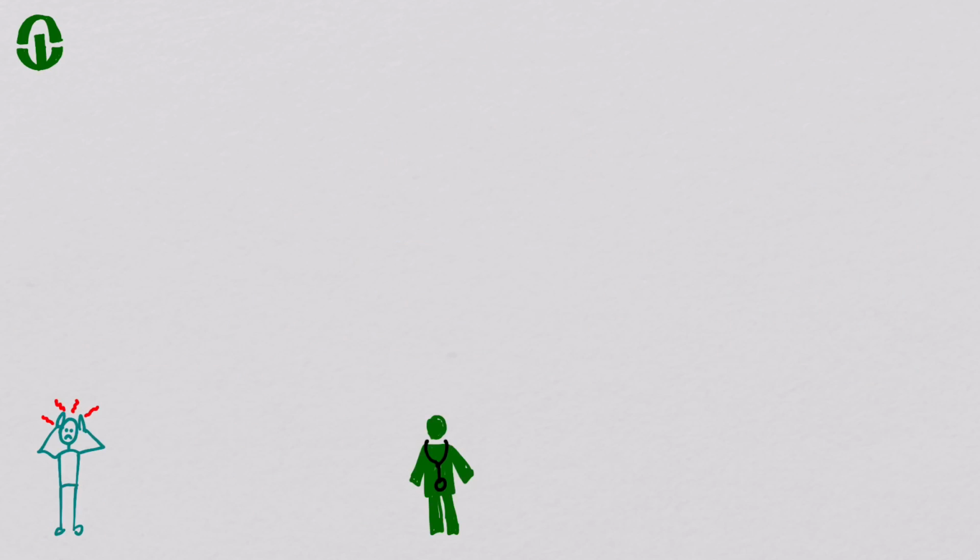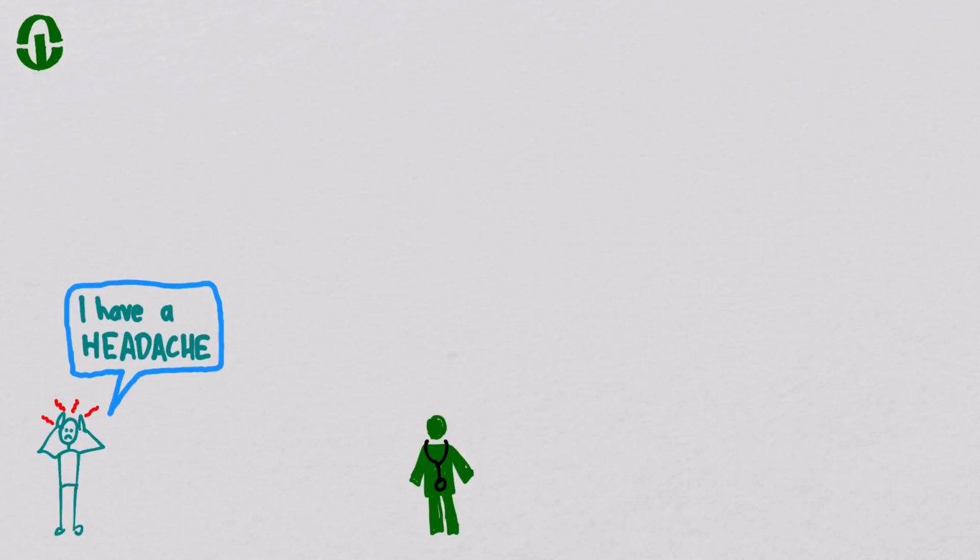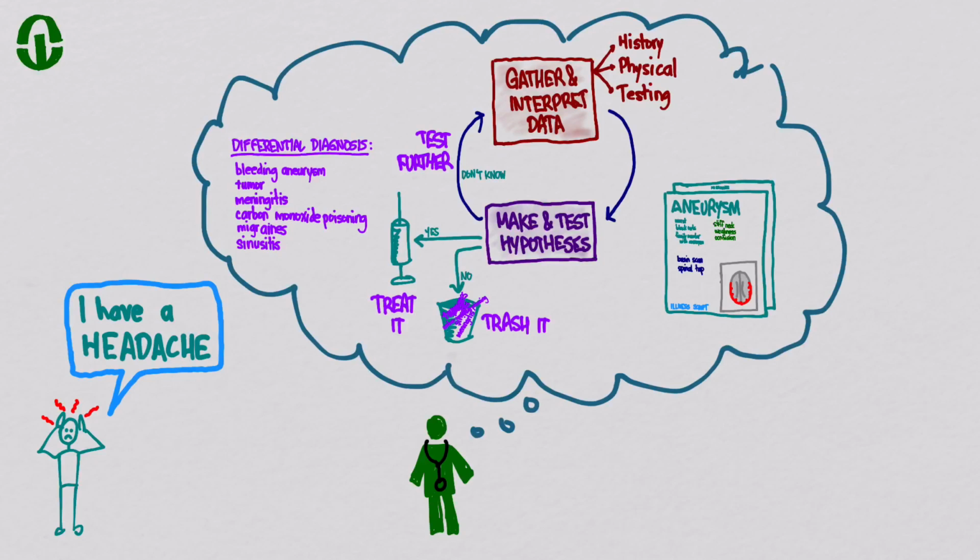So let's review what happened here. We started with a patient who came in with a complaint. And then remember, our goal was to come up with a diagnosis that we could treat. Then we went through our clinical decision-making process, which was basically just cycling through this, gathering information and interpreting it, and then making and testing our hypotheses. And we went through it, gathering data from several different sources. In this case, we gathered it from our nurse, we gathered it from the patient's history, physical, and testing.